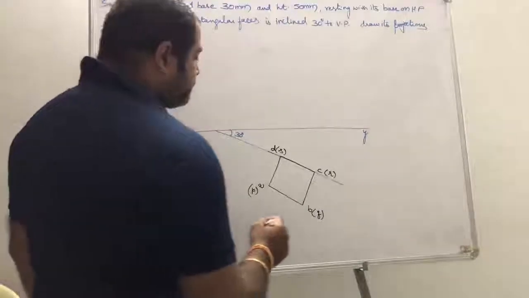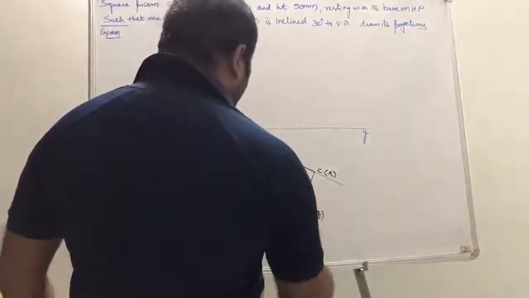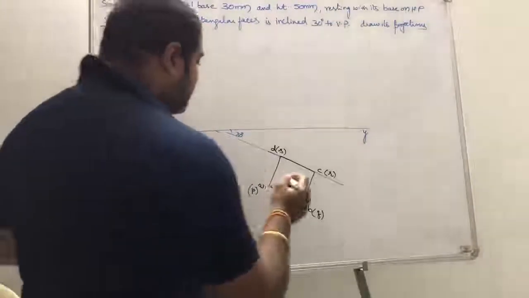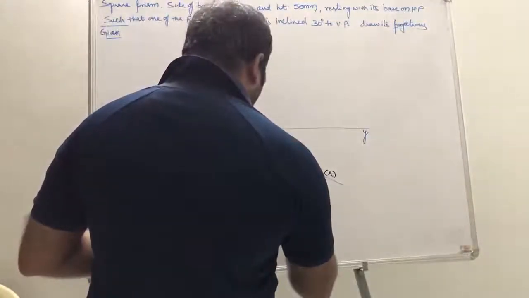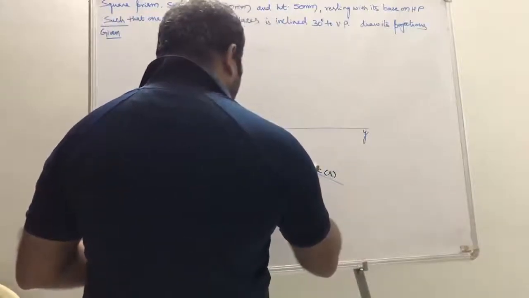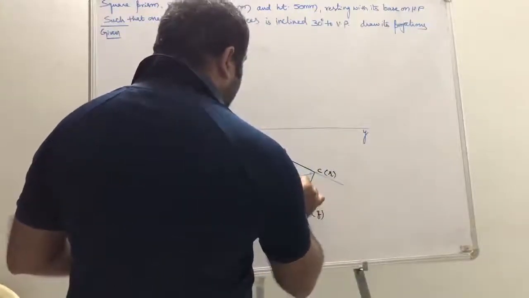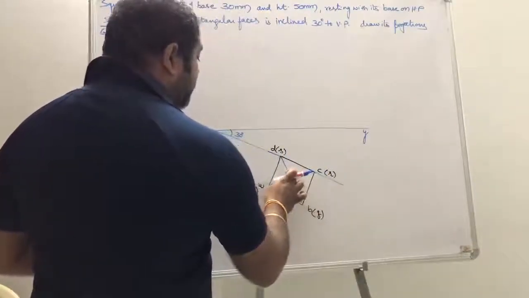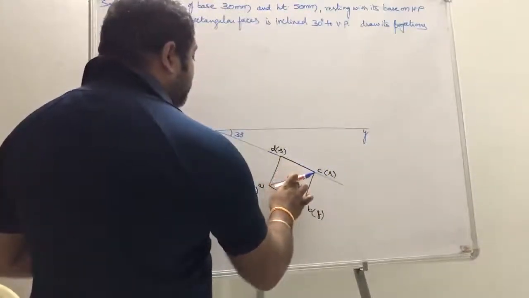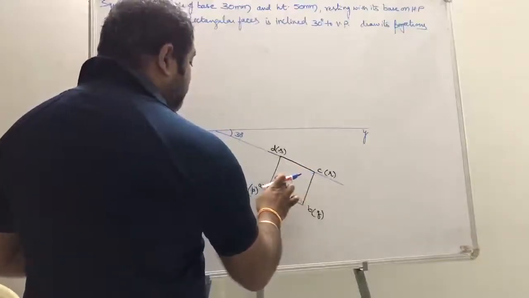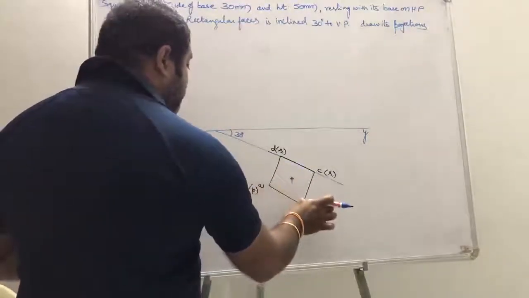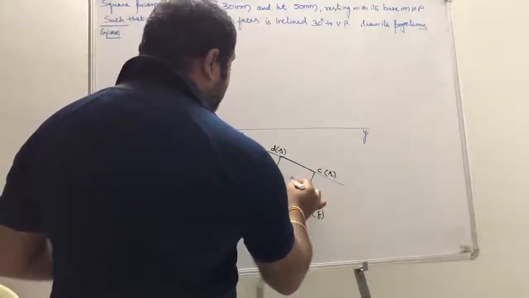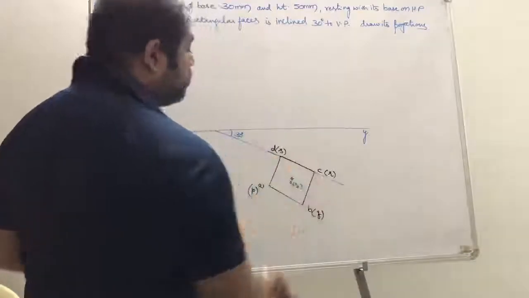Now find the center of the square prism to obtain the axis. I join the axis, and now I can obtain my center. This was for reference only, and this becomes O1 and O2.